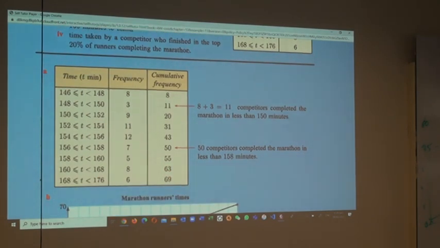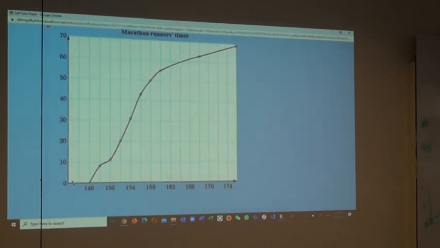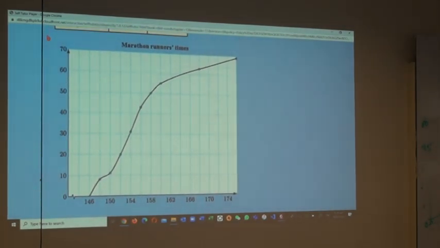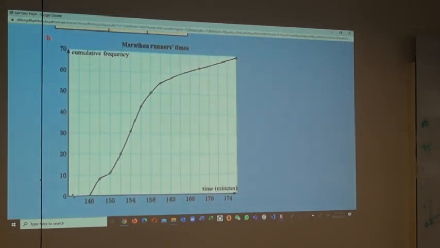We can now represent this data on a cumulative frequency graph. The vertical axis is labeled cumulative frequency, and the horizontal axis is labeled with the variable time in minutes. The cumulative frequency graph represents this data by plotting cumulative frequencies and joining the points with a smooth curve. In Part C, we estimate percentiles using the graph.